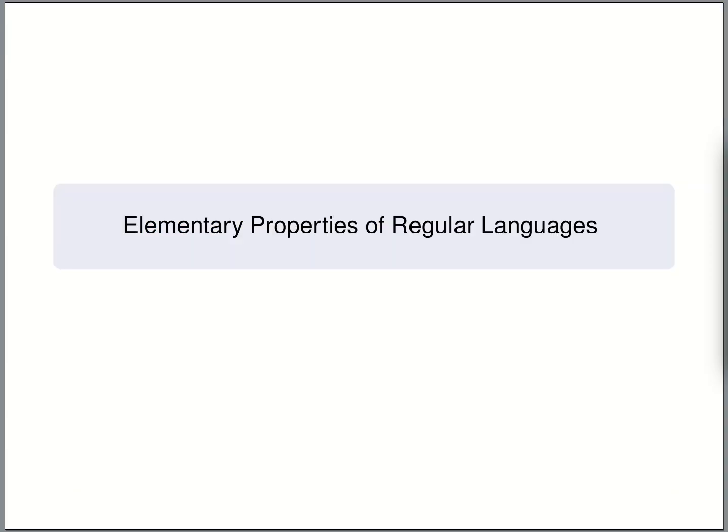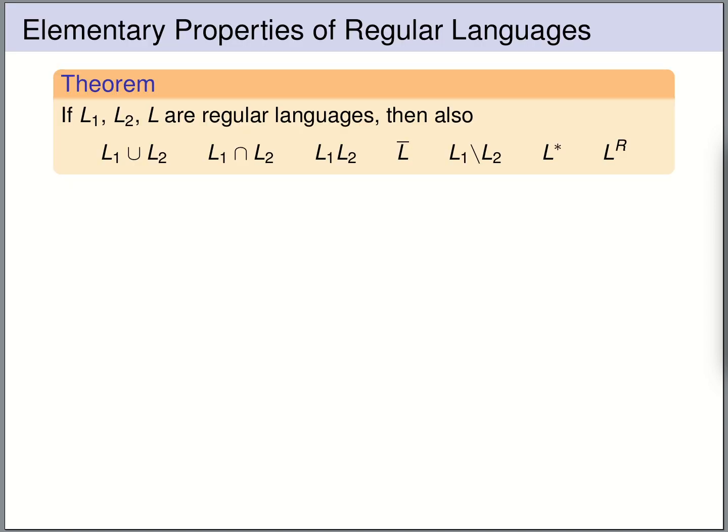So let's have a look at some of the elementary properties of regular languages. The class of regular languages is closed under various operations, and some of the basic operations are shown on this slide. It is closed under union, intersection, concatenation, difference, complement, Kleene star, and reversal.